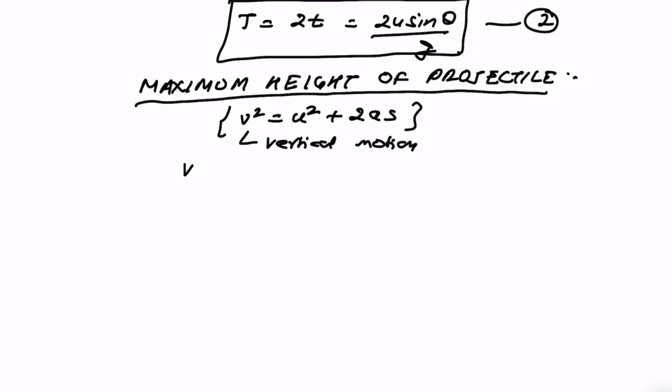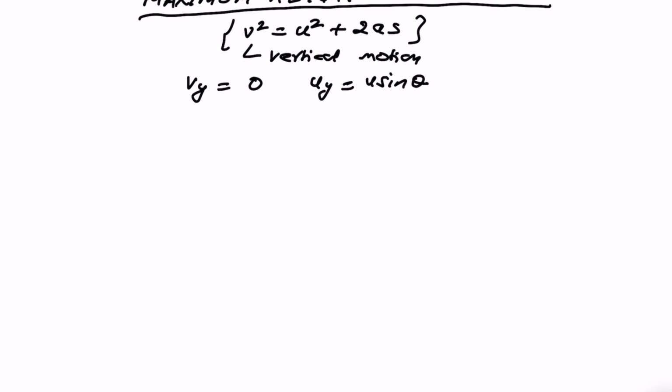Now, as we know that the vertical component of the velocity at the highest point is 0, the vertical component of the initial velocity is how much? U sine theta. A is equal to minus g because the body is going upward against the gravity. And let the maximum height be denoted by h. So we are denoting s by h.